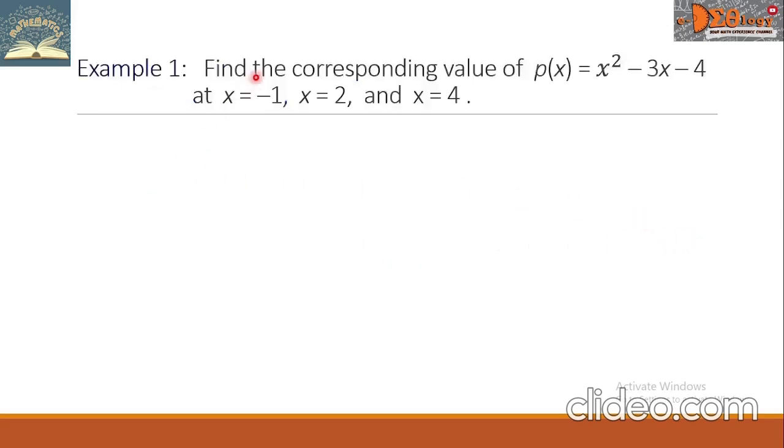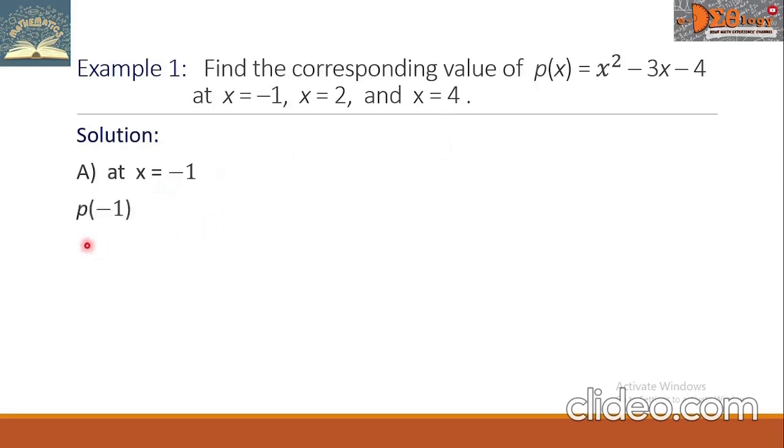Example 1. Find the corresponding value of p of x equals x squared minus 3x minus 4 at x equals negative 1, x equals 2, and x equals 4. Let's begin with the value of the function at x equals negative 1.